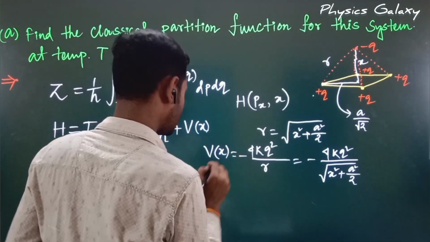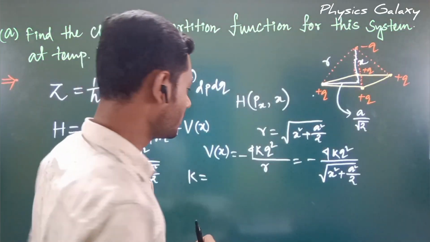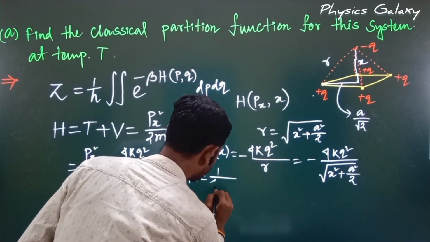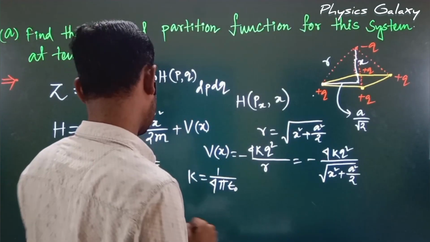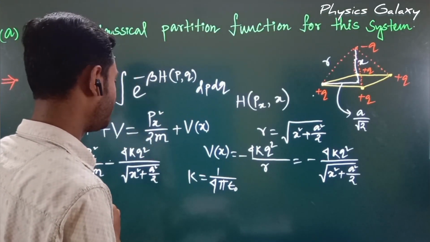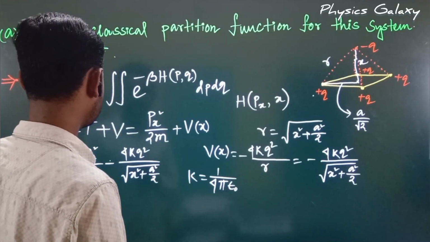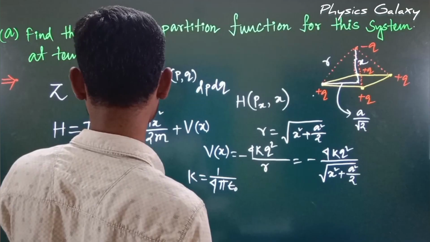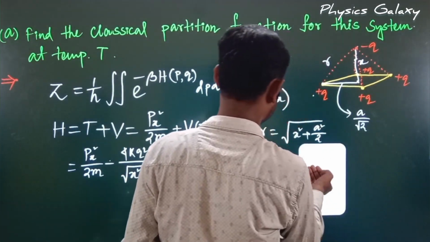Here k is 1 by 4 pi epsilon naught. This is the Hamiltonian of this system. Now I can write the partition function.